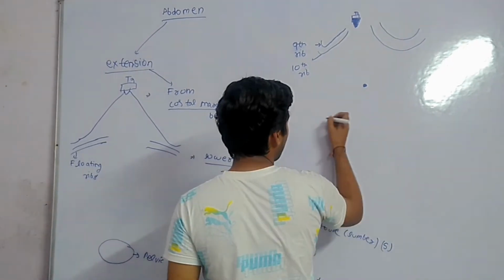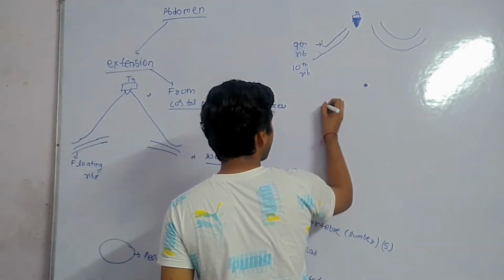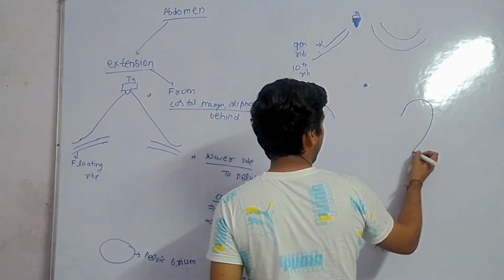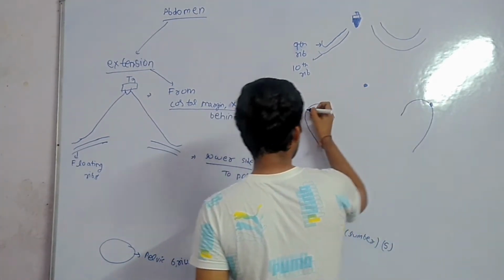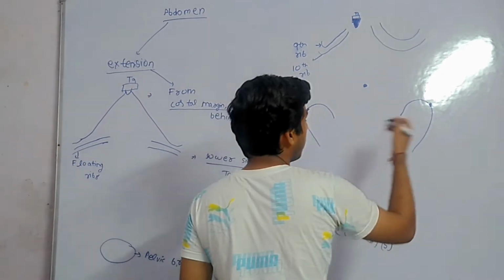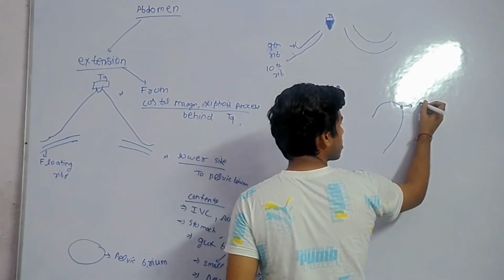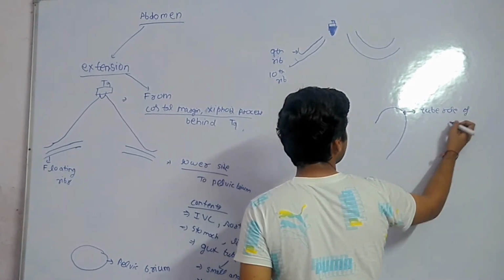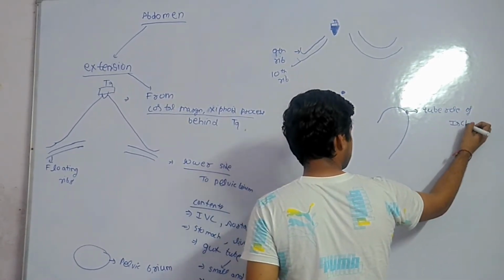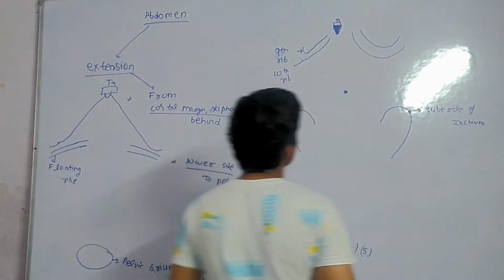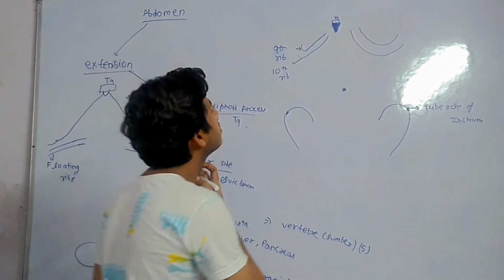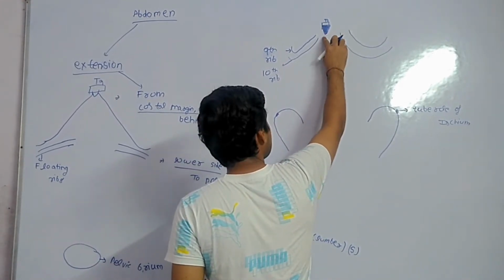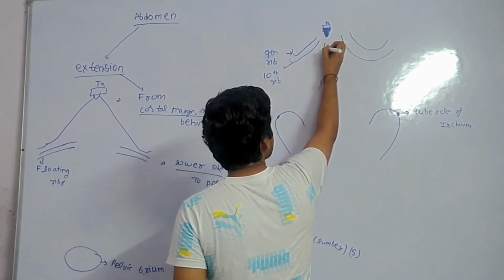and below this is ischial bone, both sides, and here the ischial tubercle is present. This is called tubercle on ischium. So these are some important landmarks. And below here, we know this is L1 vertebra.